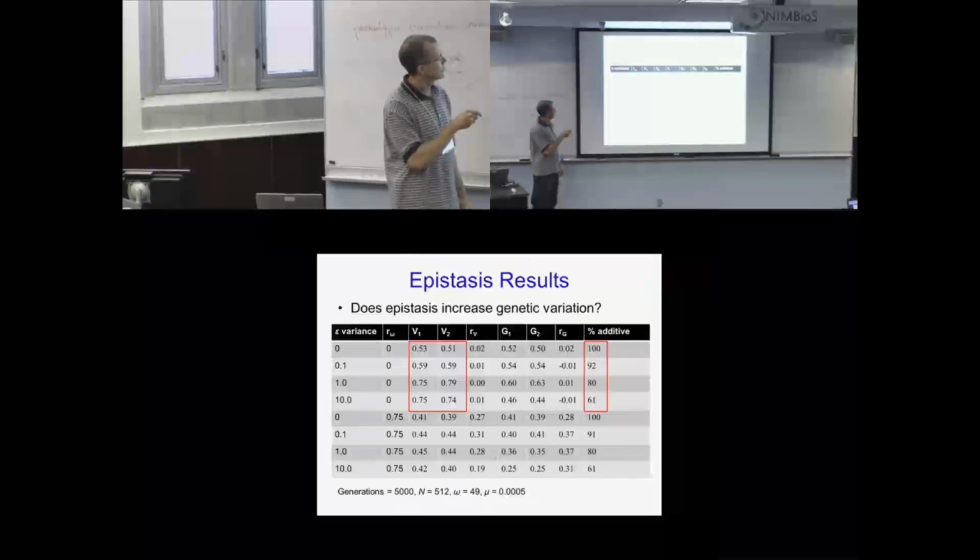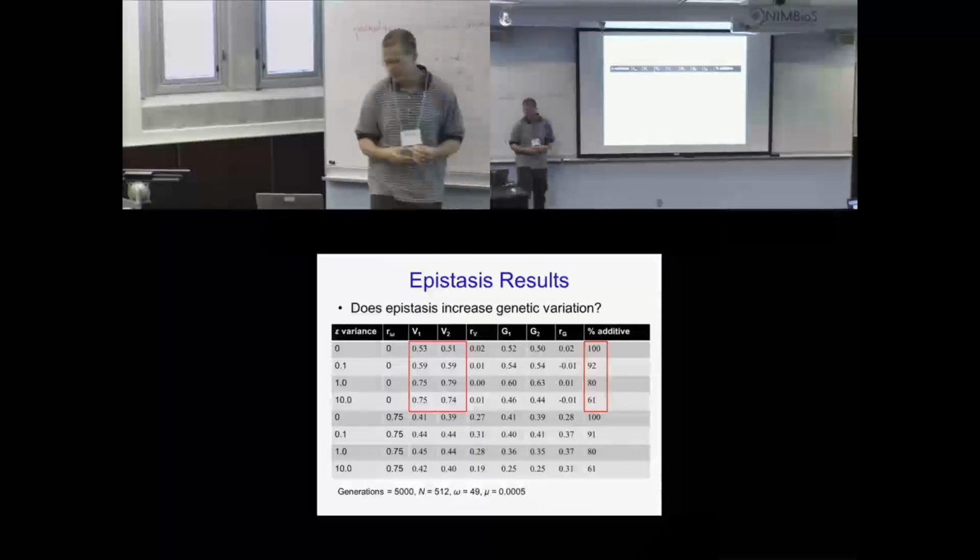And so what's happening is the total genetic variance is increasing, but the percent that's additive decreases, which you might expect, right? So now you have epistatic genetic variance instead of just purely additive genetic variance, right? So that's not that surprising.